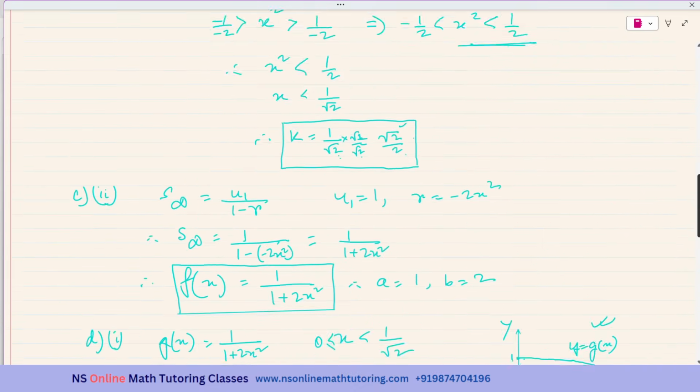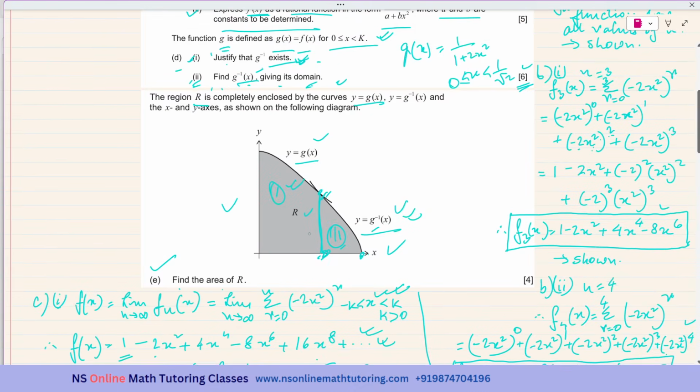First of all, we will be taking the integral of g of x, from 0 to the point of intersection.